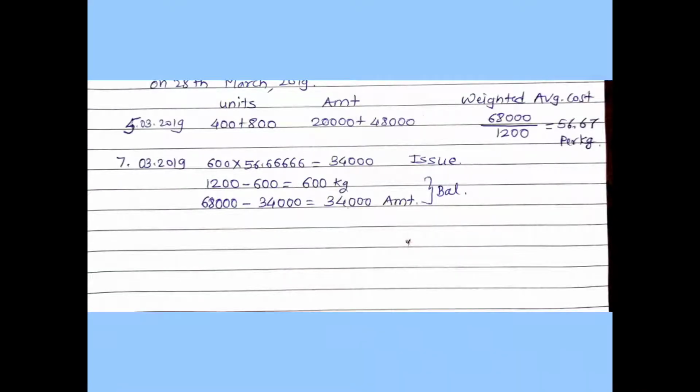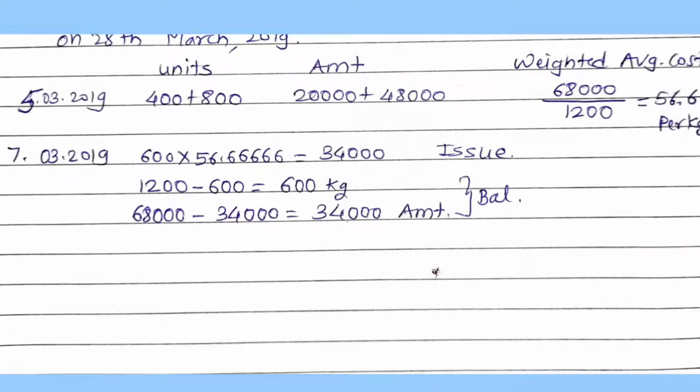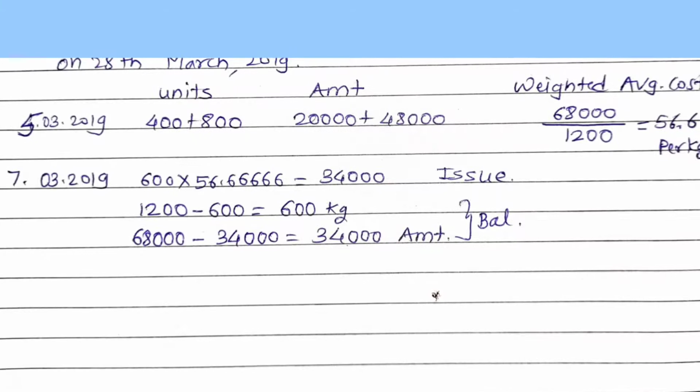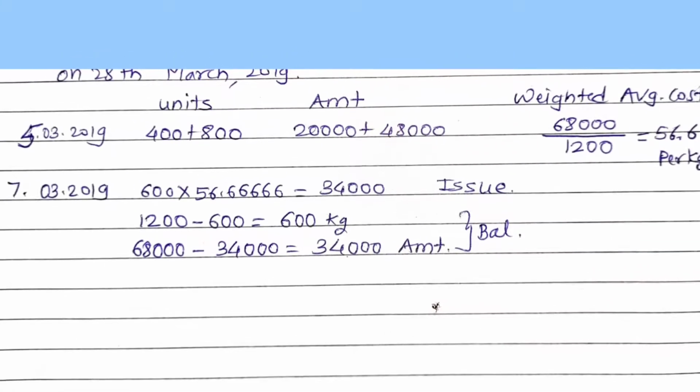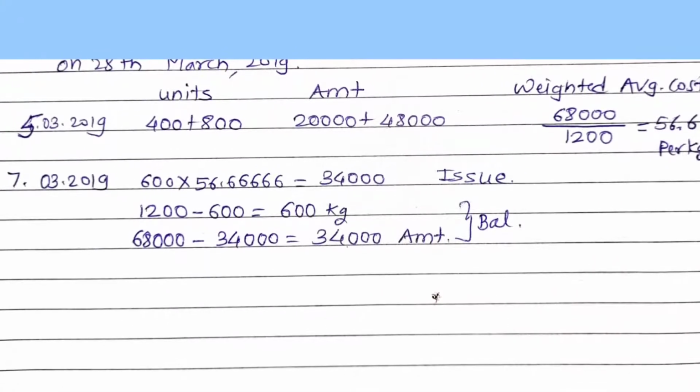Further, on 7th March, there is an issue of 600 kg rubber. For this 600 kg rubber, we are going to use this rate 56.67. For the calculation, I have taken the amount we found earlier in the division, so this 56.6666 is taken as it is and multiplied by 600, which makes the amount of 34,000 for issue.